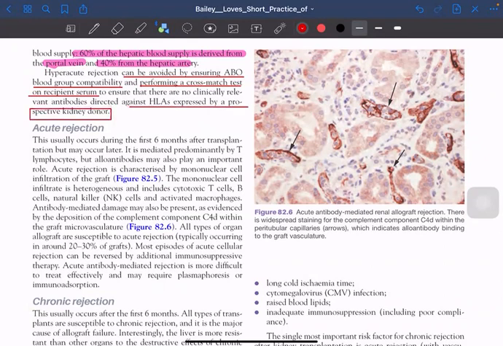That is, the recipient should not have antibodies against the HLA expressed by the donor. So we have to ensure that, and by that we can reduce the chances of hyperacute rejection.